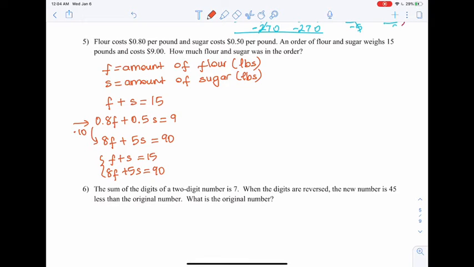I'm going to use the substitution method. I'm going to substitute one of either F or S in the second equation, but let's solve for it first.